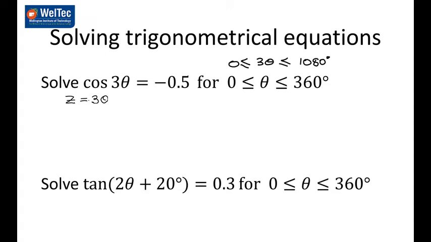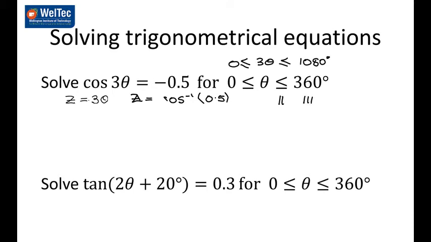So we're just going to find Z equals cos inverse of 0.5, negative 0.5 actually. Well, we start off doing it as 0.5, provided we then remember that it's negative, and it's negative in quadrants 2 and 3.